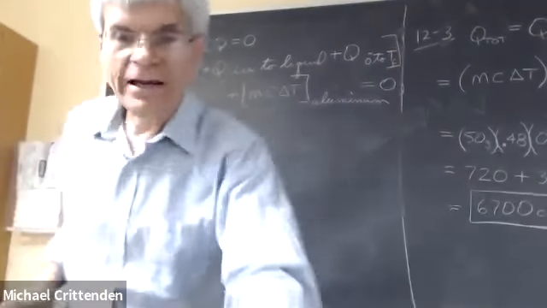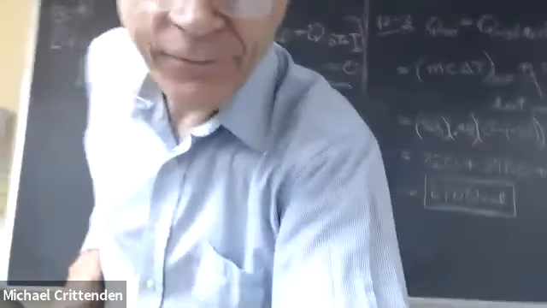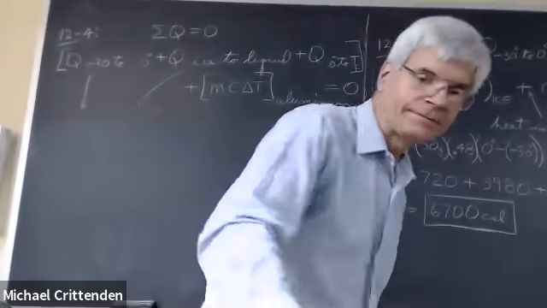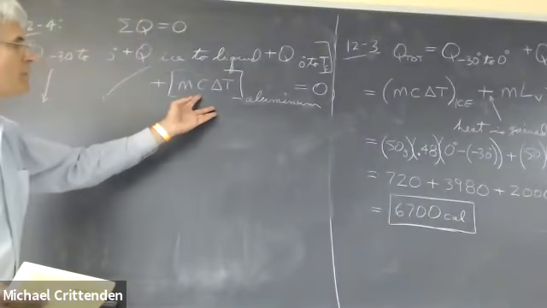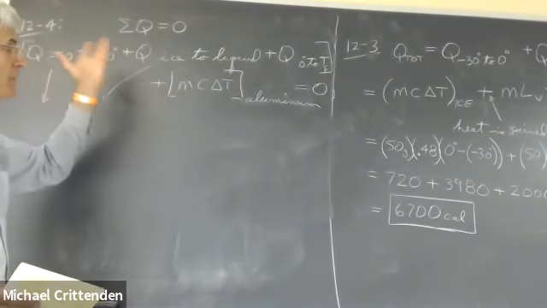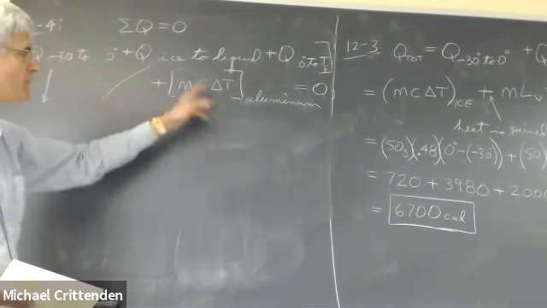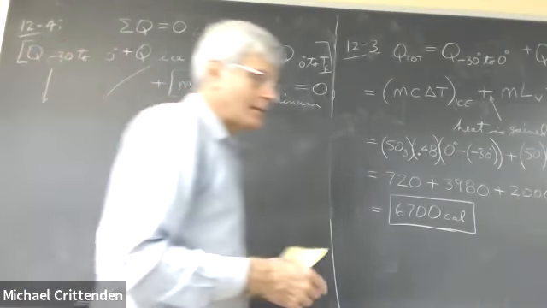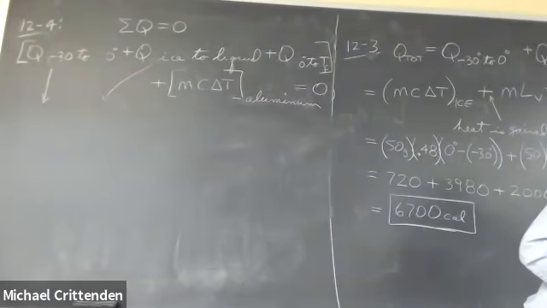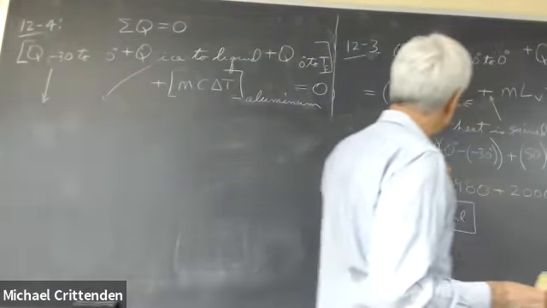And it absorbs heat in order to do each of those steps. And then the aluminum starts out a solid, it ends up still being a solid, so it's just MC delta T. Recycling the numbers from this other example over here.